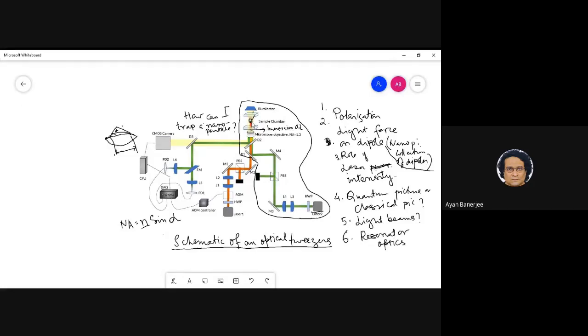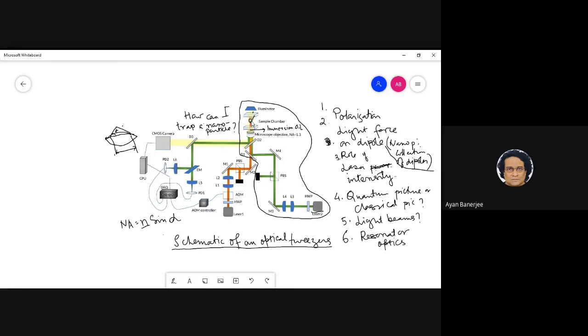Suppose the wavelength is 600 nanometers or 700 nanometers, then the focal spot is also that small. Now if I come with power of only a few tens of milliwatts, I have a very large intensity of even close to a gigawatt per meter cube in this kind of volume, which is enormous.